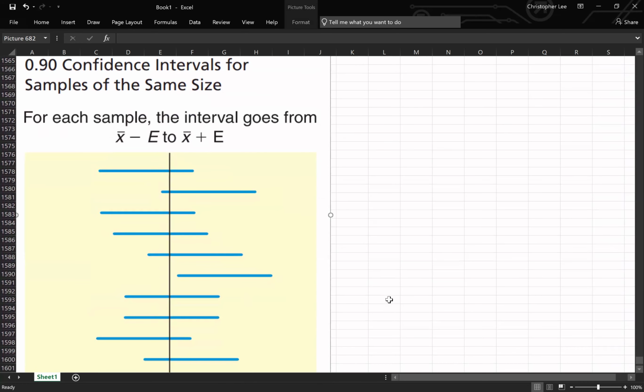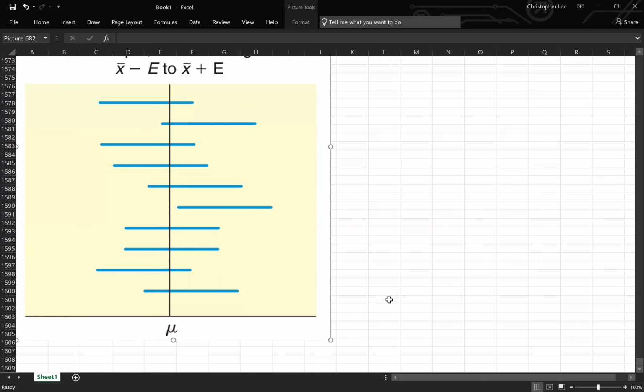So this is a graph of a 90% confidence interval, from X bar minus E to X bar plus E. Each one of these is a different range for a different sample that was taken. And I am 90% confident that the mean falls in between each one of these ranges. This right here where mu is, this is the actual mean. You see, some samples don't even have the mean. Other samples have it, and it's real close to it.